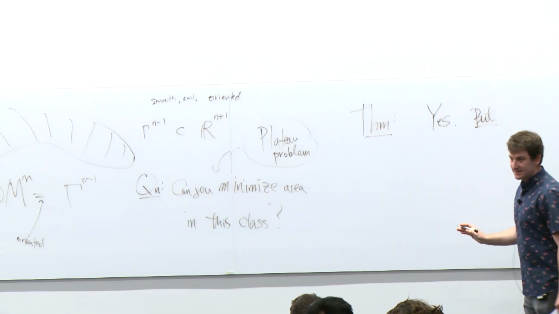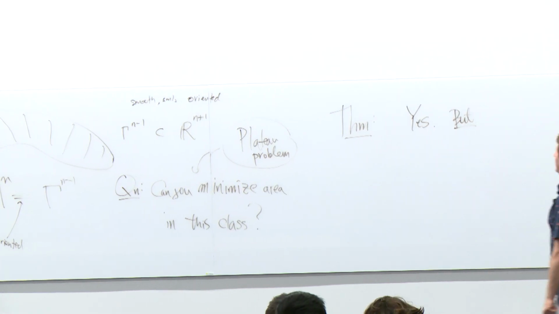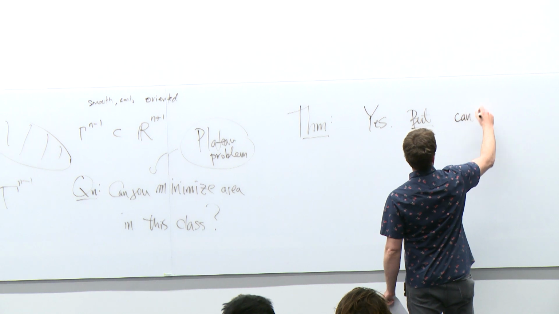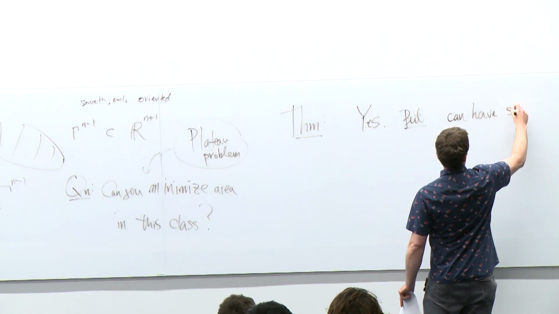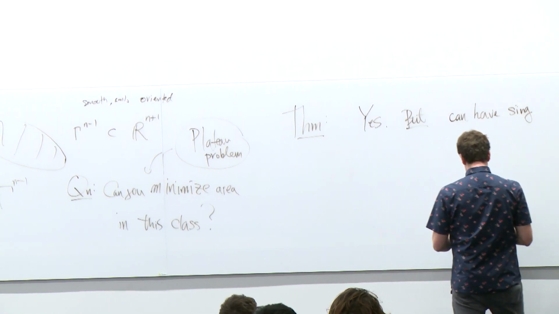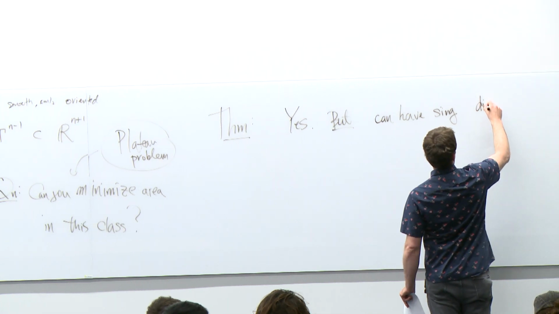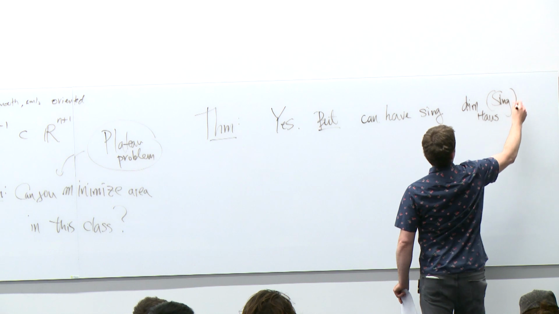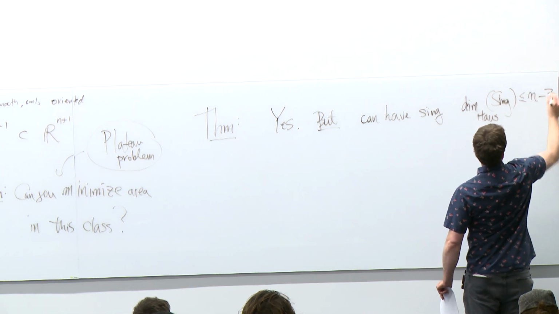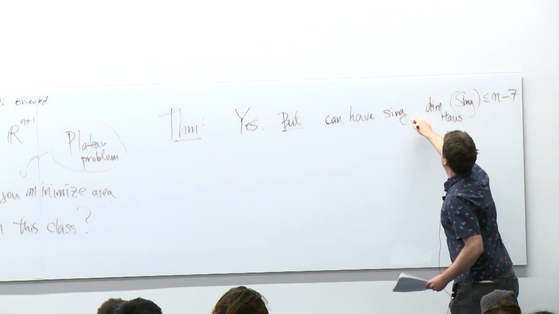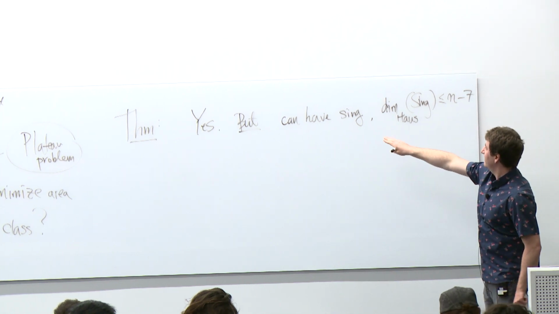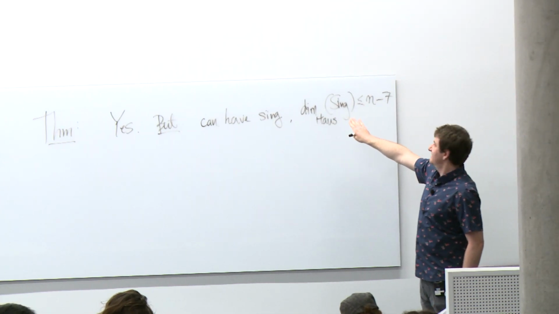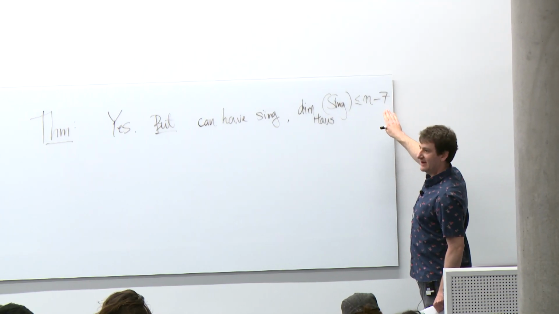The answer is yes, but it can have some singularities. It can have singularities, but the dimension of the singular set should be quite small. And hopefully I got the numerology here right. I always mess this up.